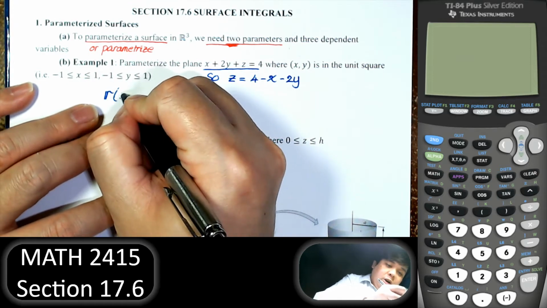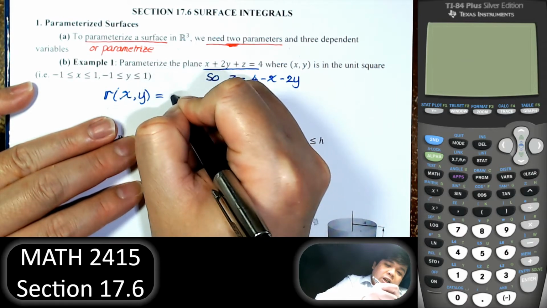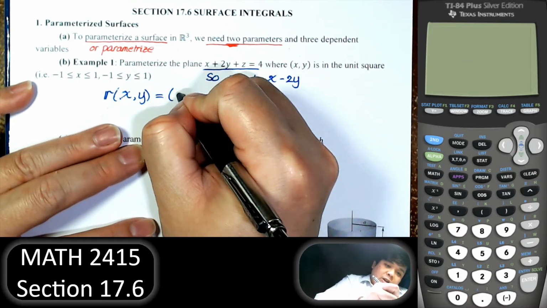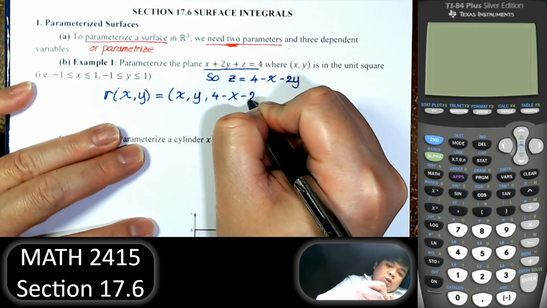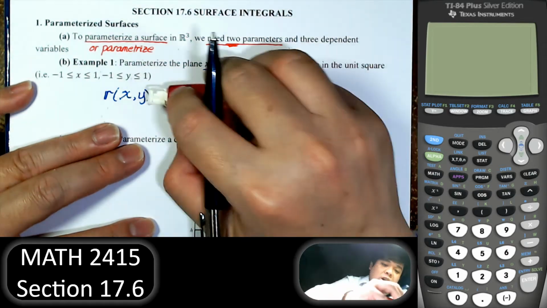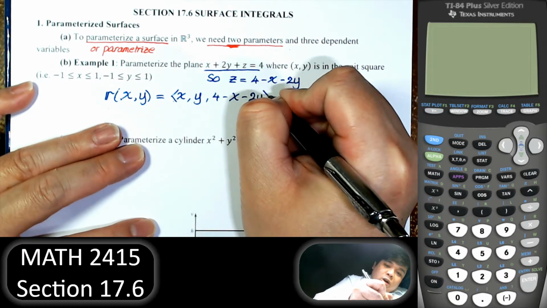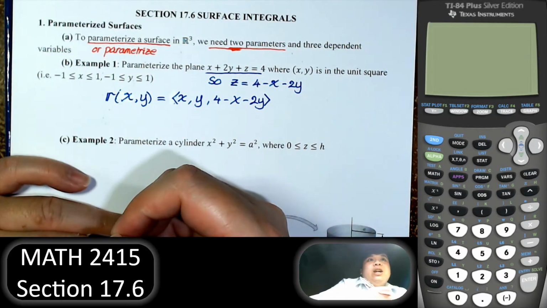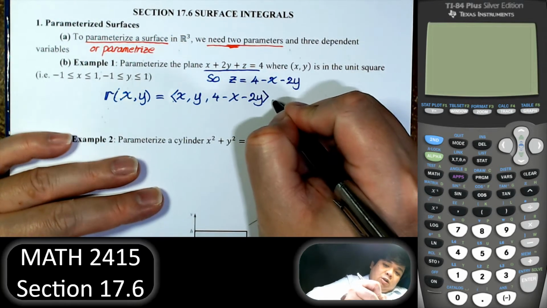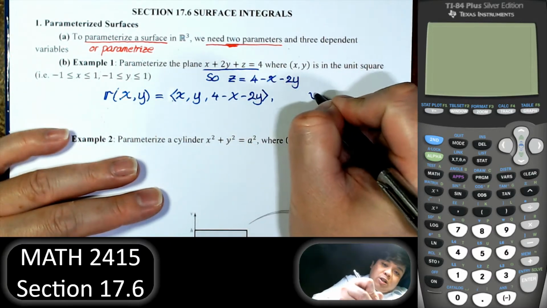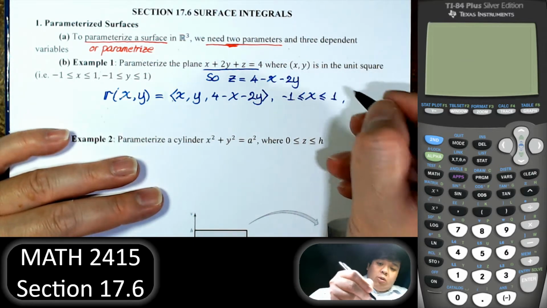We have r as a function of x and y, where x is x, y is y, and z is 4 minus x minus 2y. Of course, we write this as a vector, so we use angle brackets. And then, just like any parameters, we have to specify the limit for x and the limit for y.